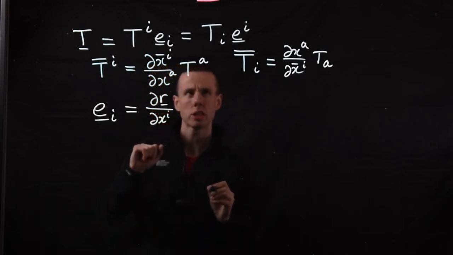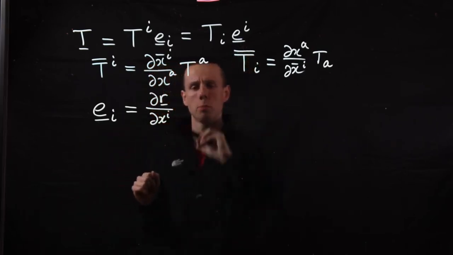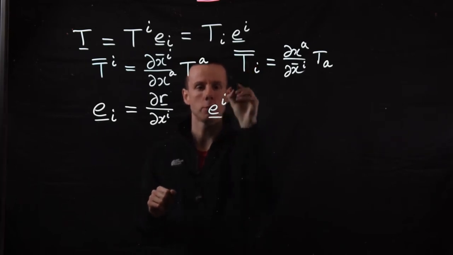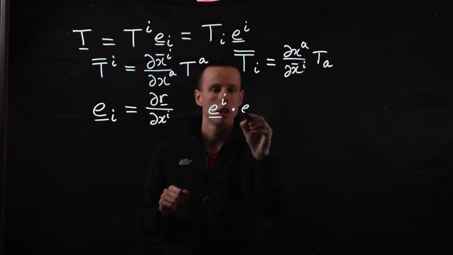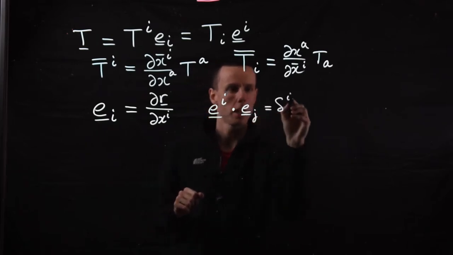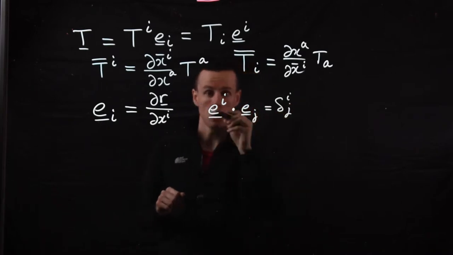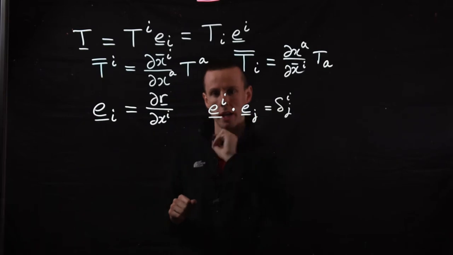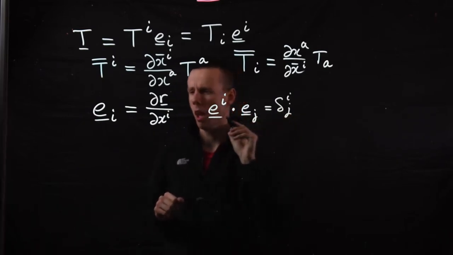And then the reciprocal basis vector is defined through the relation e superscript i dot e subscript j equals delta i j. So the reciprocal basis vectors are orthogonal to the natural basis vectors.